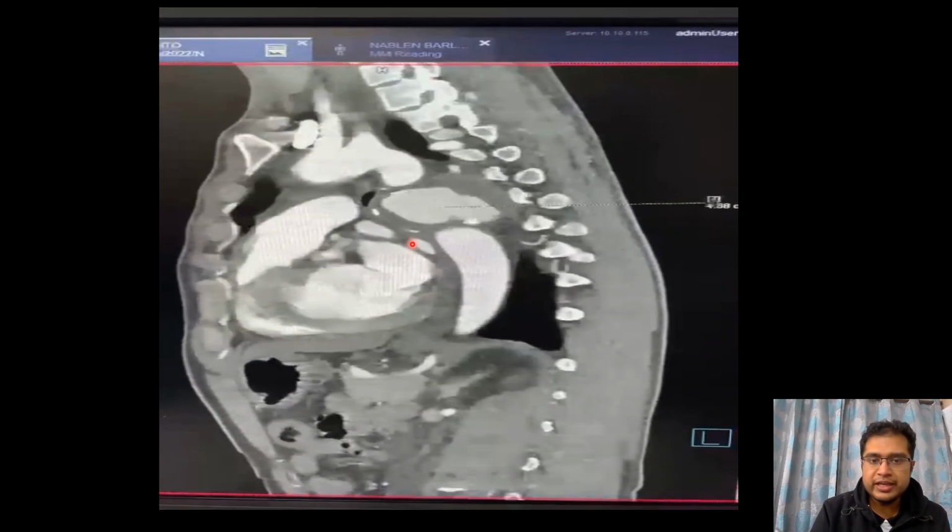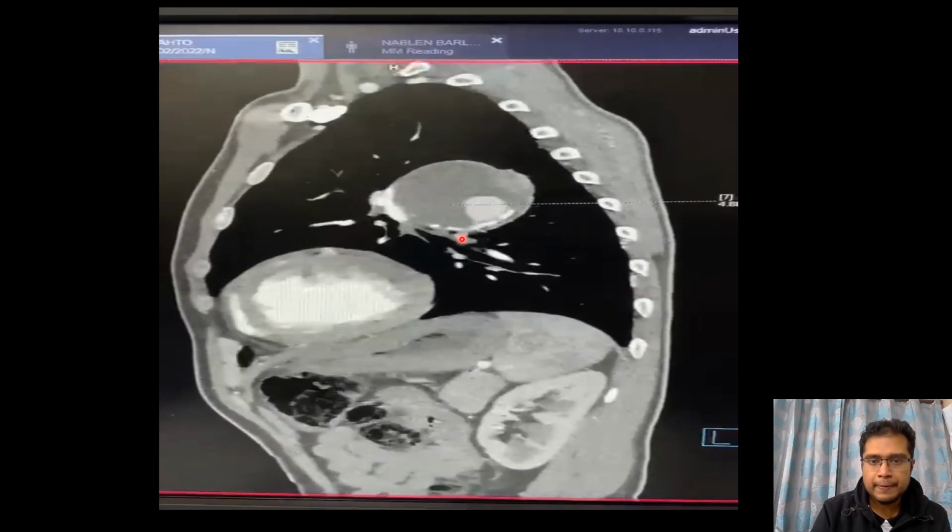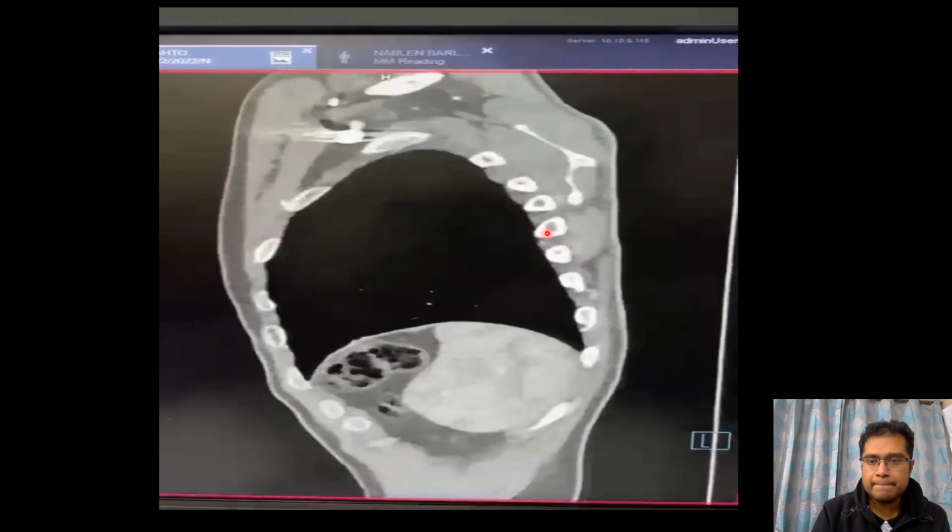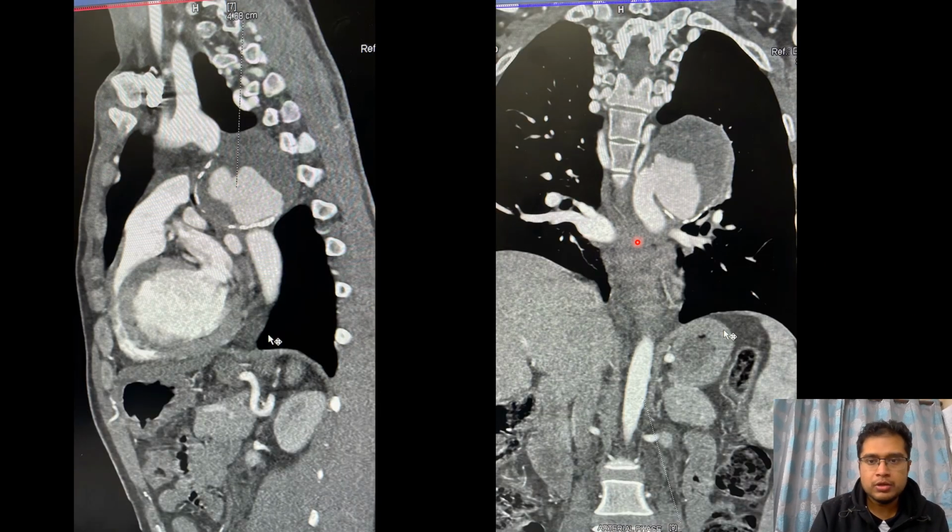These calcifications are the intimal calcifications. These are sagittal images. So these are the pictures of this aneurysm that is arising from the descending thoracic aorta. These are the intimal calcifications, and this is the perianeurysmal thrombus.